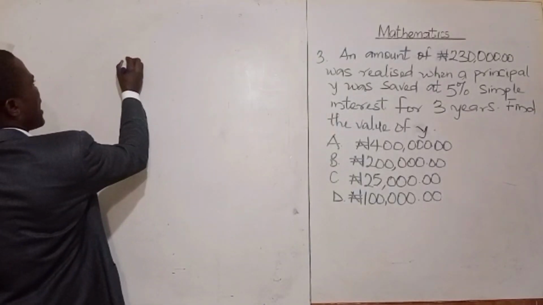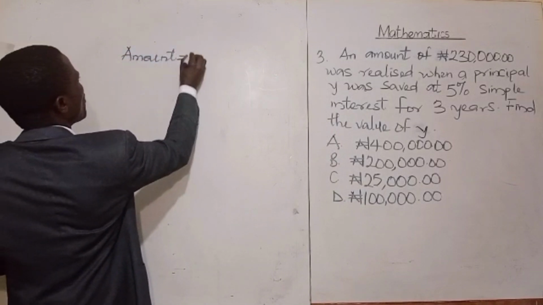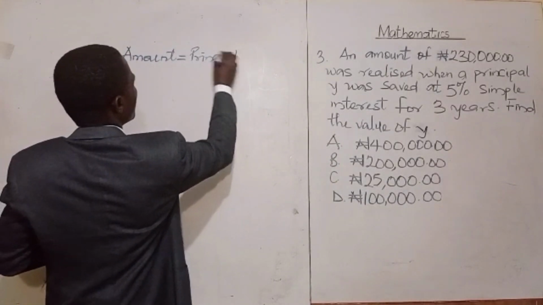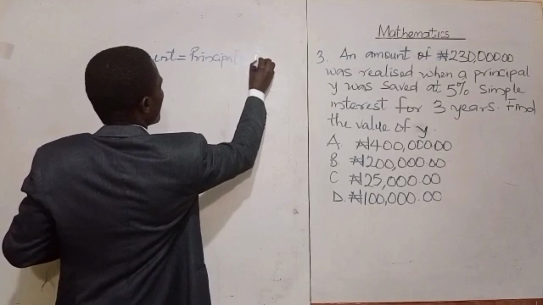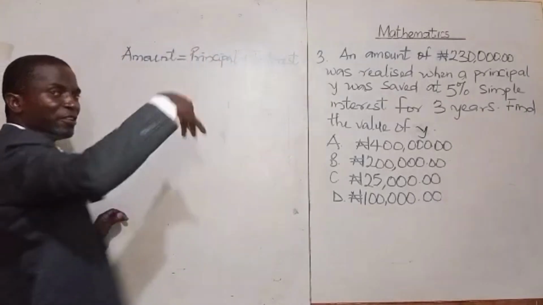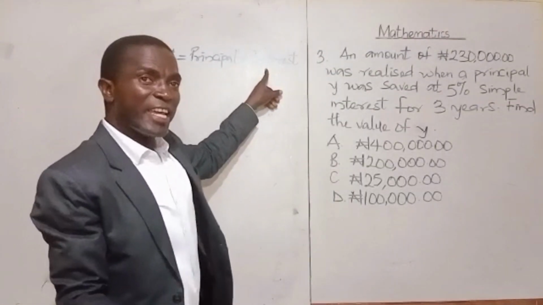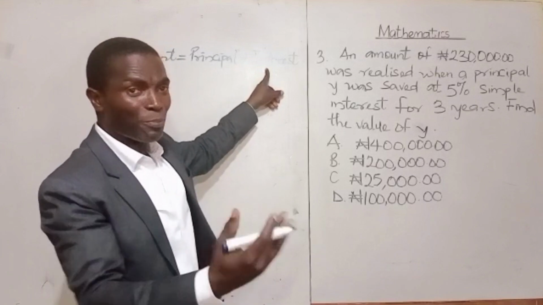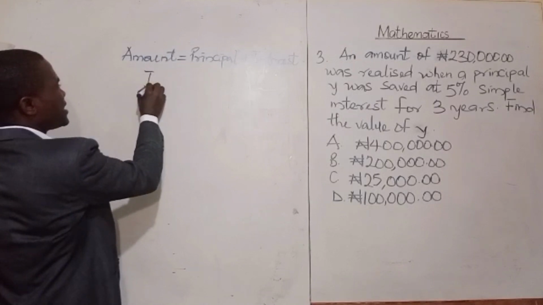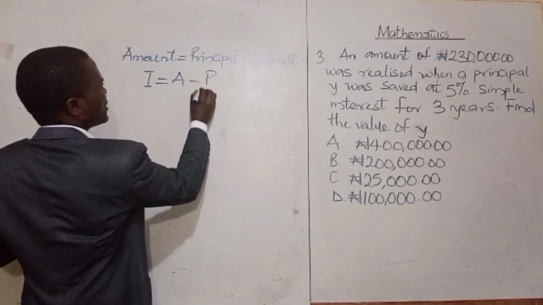We are going to say amount is going to be equal to the principal plus the interest. The principal is the amount saved initially, while the interest is the gain that accrued in the process of time. So that is to say that interest now can be the same thing as amount minus principal.